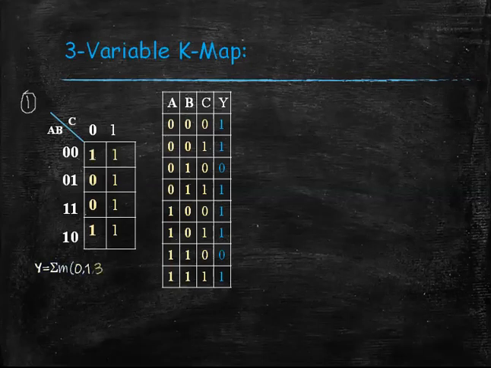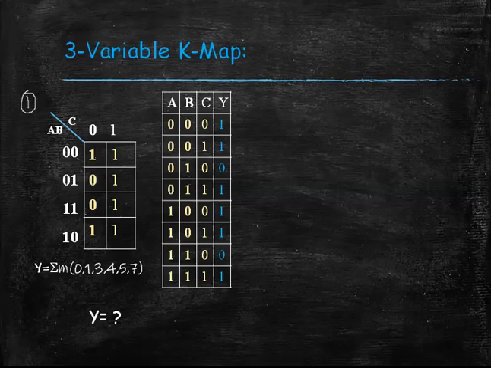From that we can obtain the SOP form as this one, and you have to group the ones and minimize the K-map to obtain Y.